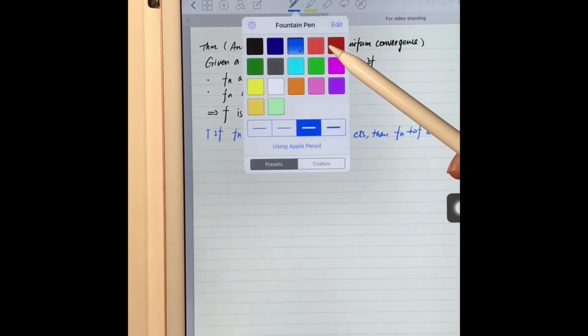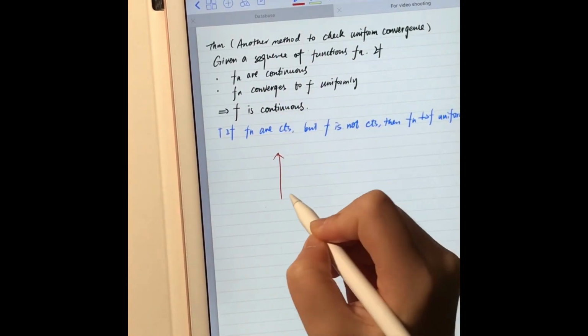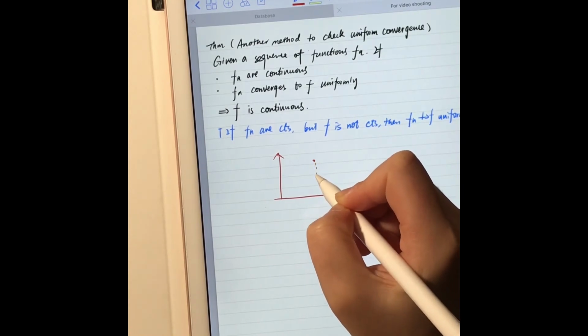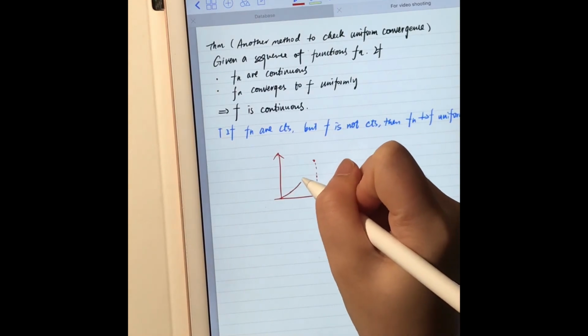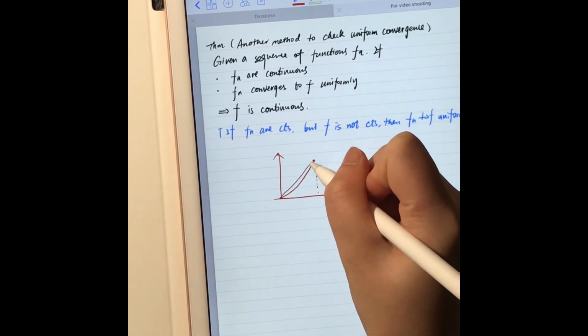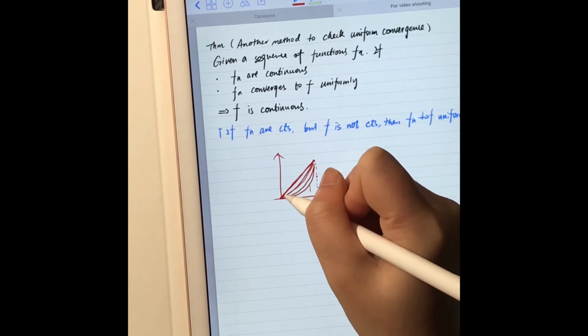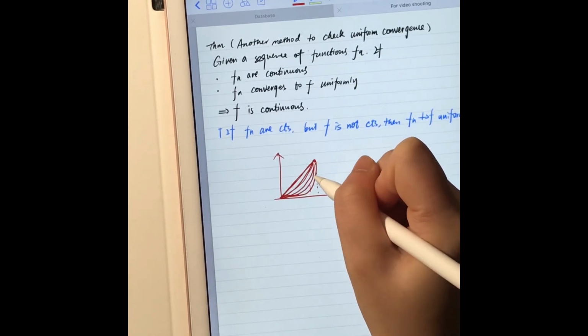So if we are given a sequence of functions like this, it is also a classic situation we will consider. This is n equal to 1, n equal to 2, 3, 4, 5, up to n equal to t.